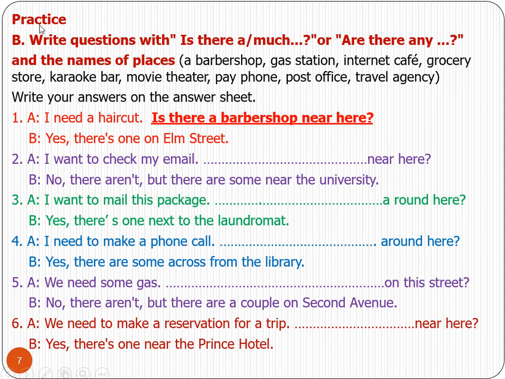So we can move on to practice. So write questions with is there a, is there much, or are there any, are there many, and the names of places. For example, like a barber shop, gas station, internet cafe, grocery store, karaoke bar, movie theater, payphone, post office, travel agency.